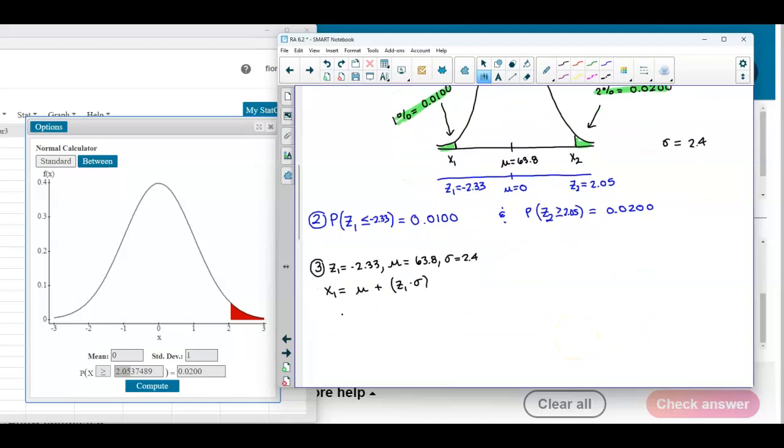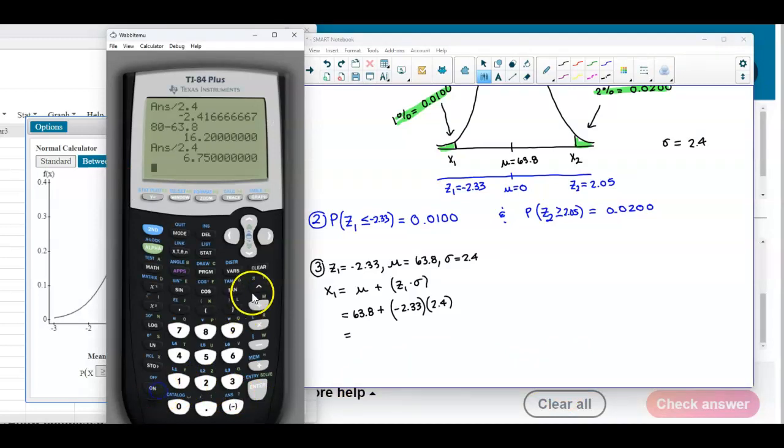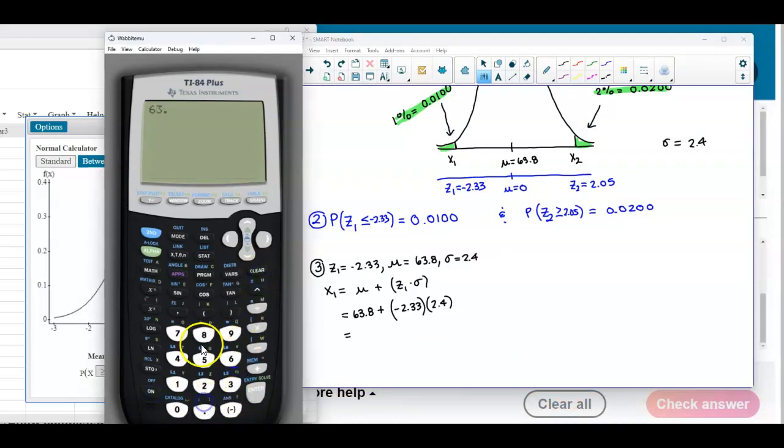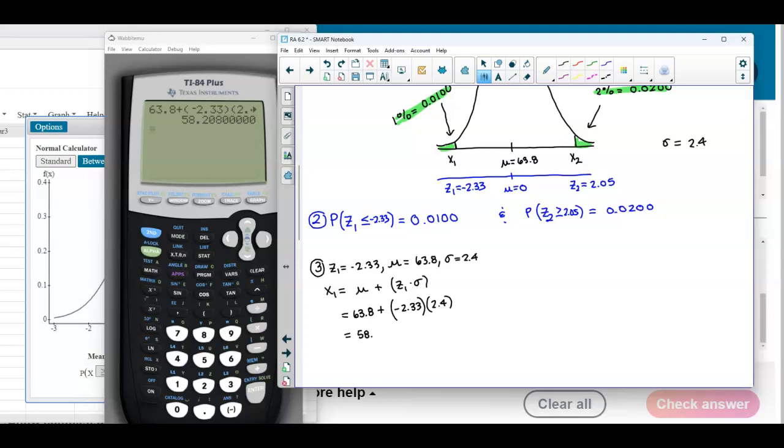So we take 63.8 plus parentheses negative 2.33 times 2.4, and that gives us 58.208.